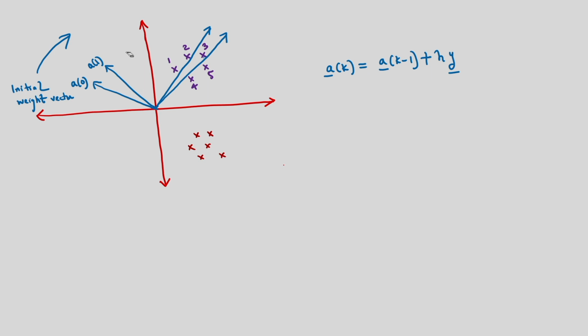Suppose in the next iteration my weight vector is a2. Corresponding to this a2, my decision boundary will be something like this.